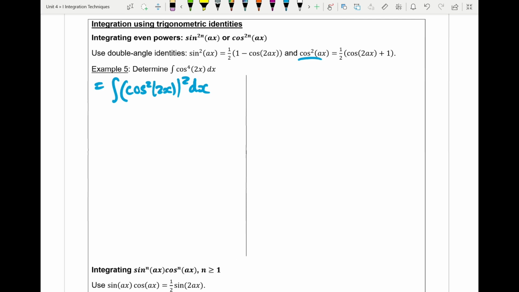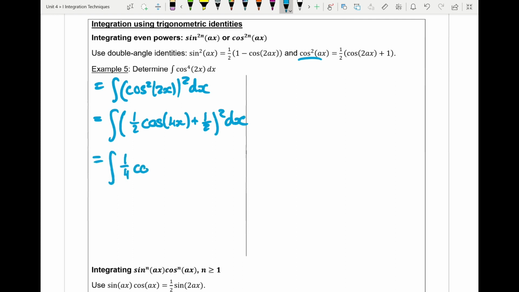So we get, then if we were to expand that using the square, we get a quarter cosine squared of 4x. We get a quarter plus a quarter, which gives us a half cosine of 4x. And then we get a half times a half, which is a quarter.